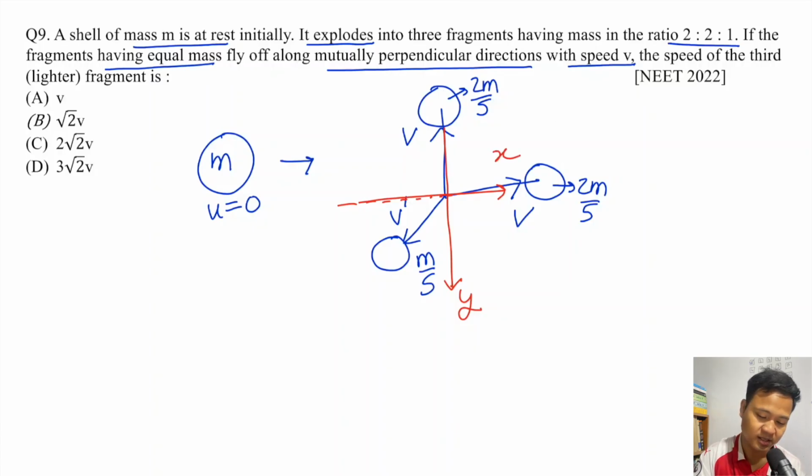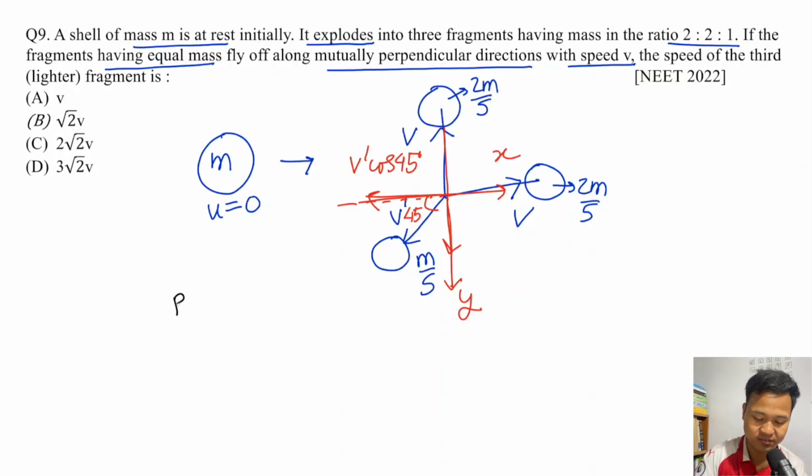The m by 5 piece is neither along x nor y, so I have to take components. Along the side I have v dash at 45 degrees, so v dash cos 45 is the velocity component, and v dash sin 45 along y.